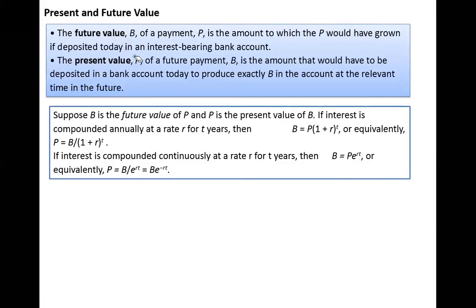I mean, present value is P. That means P sub 0 is P. We can see the equation. That's just different notation, but it doesn't mean that we have to follow the labels. Present value is the value that I have. Future value is the value that I will get after some investment.